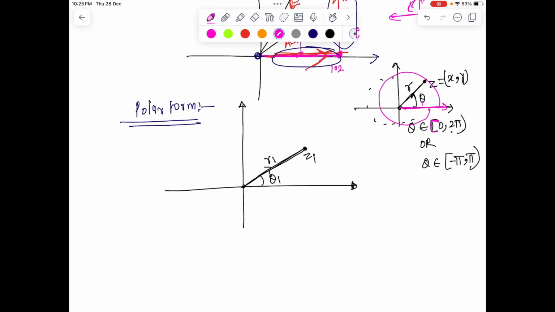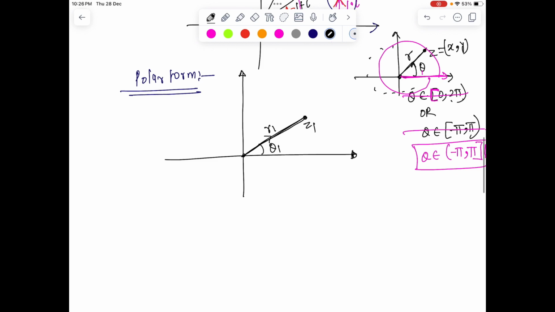So you can open either 0 or 2 pi, and similarly either open pi or close pi and open minus pi. Usually we go by this third convention, and we usually won't follow these two conventions, although you are free to do so.